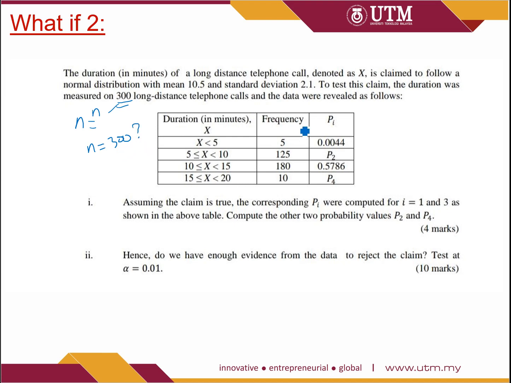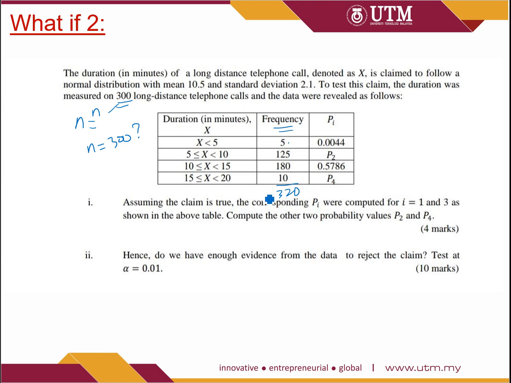So how about this one, the frequency? Here the frequency is 5 plus 125 plus 180 plus 10, you will get 320. So which one is actually the value of your n? Actually the value of your n is from the frequency observation.